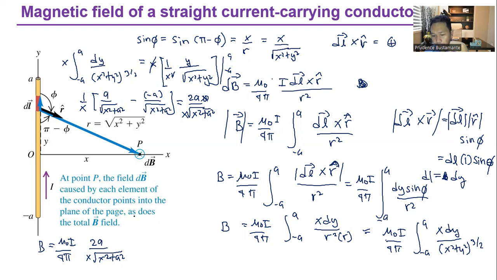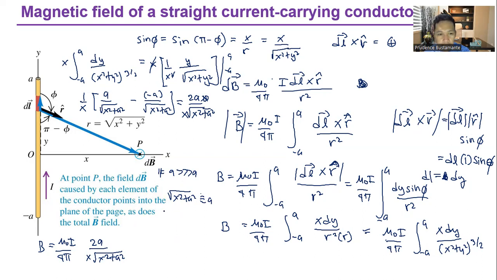What will happen when the length 2a of a conductor is very great in comparison to the distance x from point P? If this length 2a is very great, we consider it to be infinitely long. When a is much larger than x, the square root of x squared plus a squared is approximately equal to a.